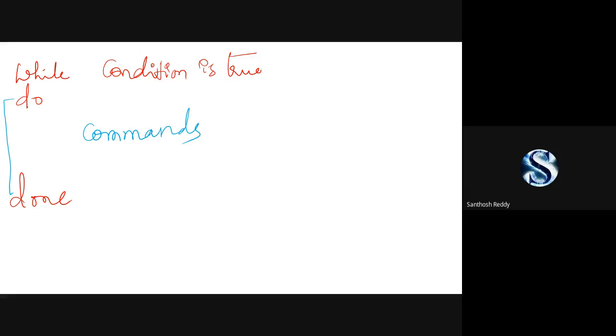In between these two things only. This is the syntax we have to specify. For your while loop, until this condition fails, this while loop works. There is no fixed number of steps. You cannot identify the number of steps where you can finish with the while loop. No, until this condition fails, this while loop is going to be working.